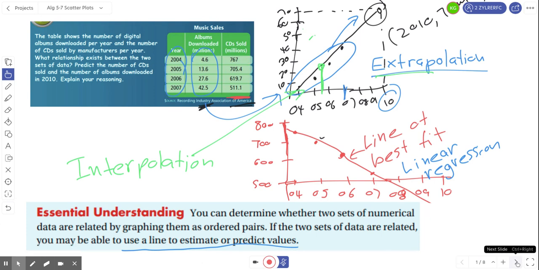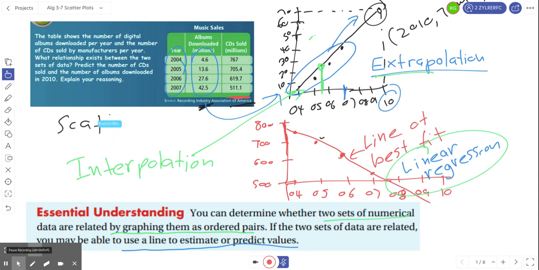Couple more things you need to know. Extrapolation and interpolation aren't super important, but they're connected, so those are kind of bonus vocab words. Linear regression is important. When you graph as ordered pairs two sets of numerical data, the thing that you're creating is called a scatter plot.